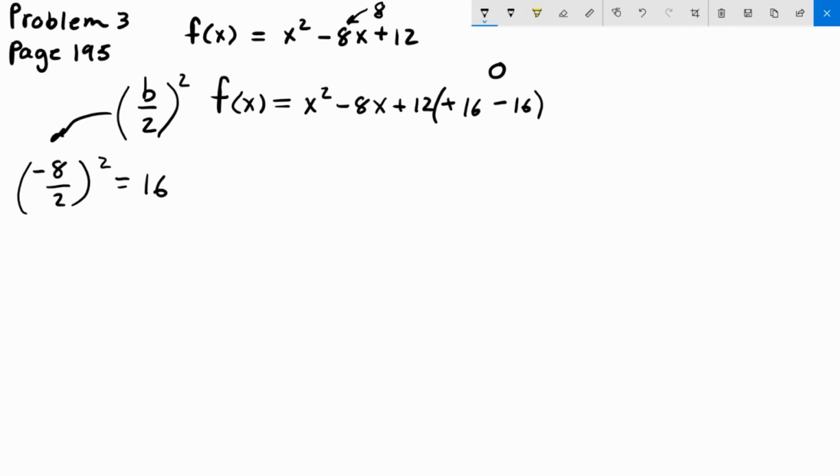All right, so now what we do next is we break this down, and we can say that (x minus 4) squared plus 12 minus 16.